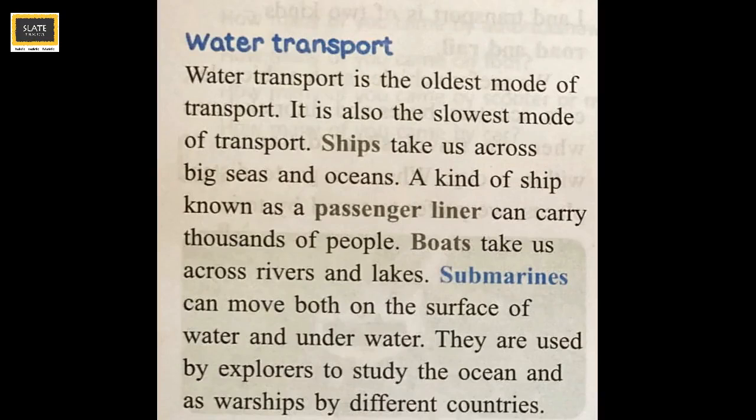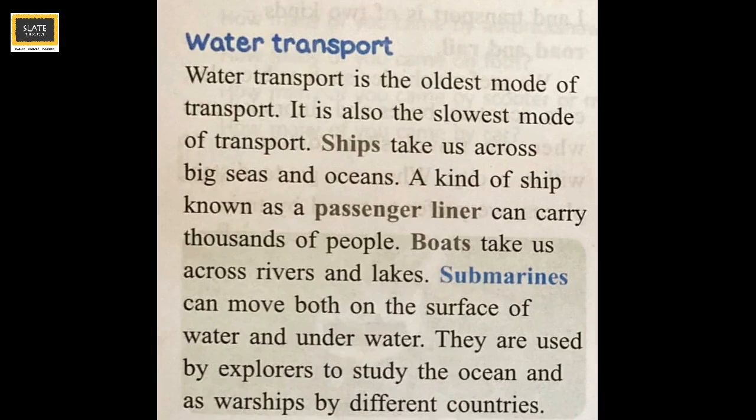Water transport. Water transport is the oldest mode of transport. It is also the slowest mode of transport. Ships take us across big seas and oceans. A kind of ship known as a passenger liner can carry thousands of people. Boats take us across rivers and lakes.